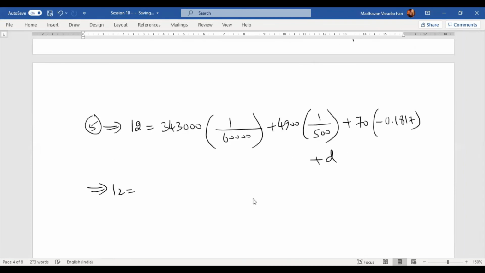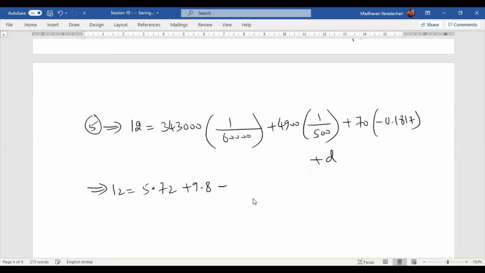12 equal to 343,000 divided by 60,000. We get 5 point, let me round off, 5.72. Then the next one, 4,900 divided by 500, 9.8.